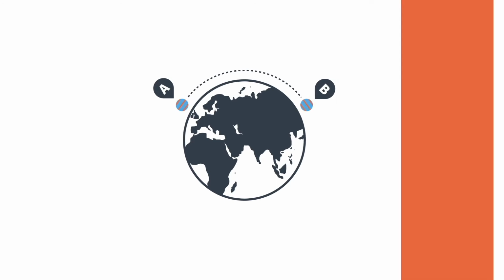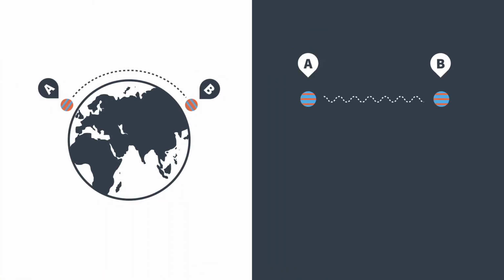Now, if I make a measurement on my qubit here in Delft, and a friend of mine would make the same measurement in China, then it will turn out that we always get the same outcome. You can think of a measurement as asking a question to a qubit. For example, I might ask the qubit, are you pointing left or are you pointing right?